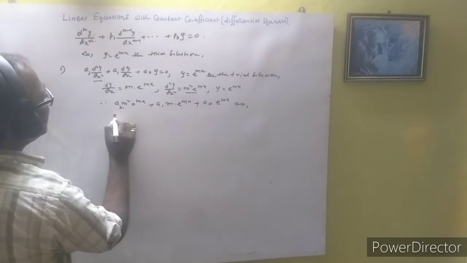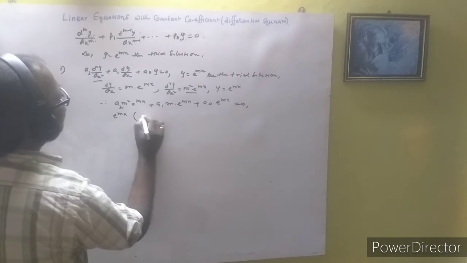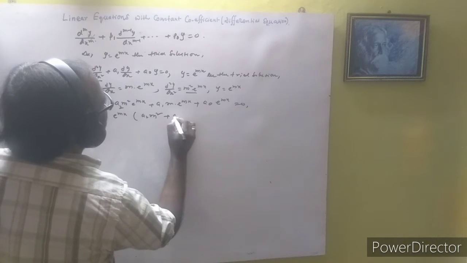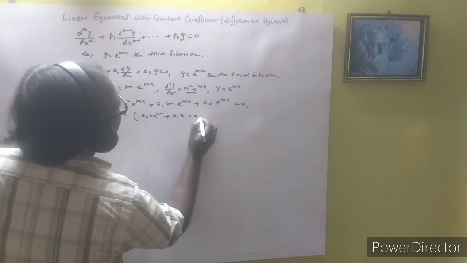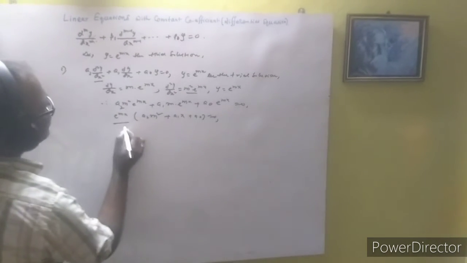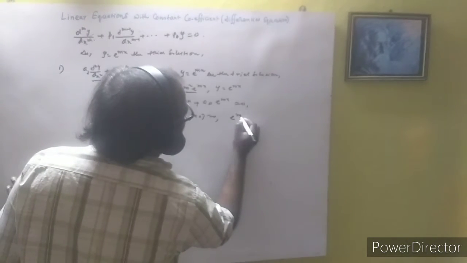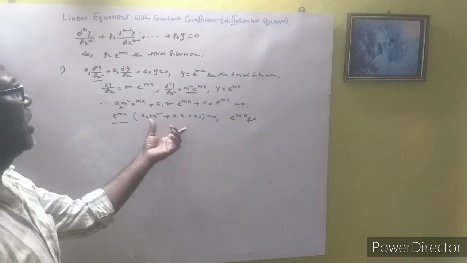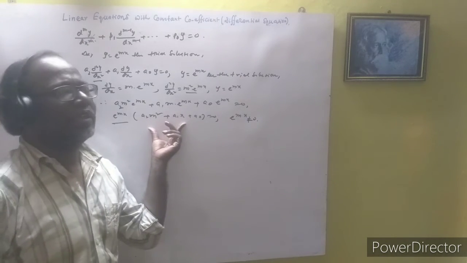Clearly we know that e to the power mx cannot be 0. This is an exponential, so the remaining factor is 0.